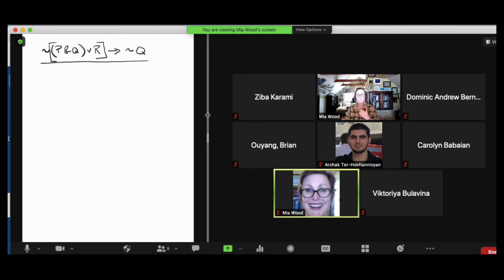Okay, so first question is this: what is the main operator? Is it the first negation, the conjunction, the disjunction, the arrow, the conditional, or the second negation? Good. And folks are saying arrow. Excellent. So that means since the arrow, or the conditional, is our main operator, the last set of values we determine are the ones under the arrow.